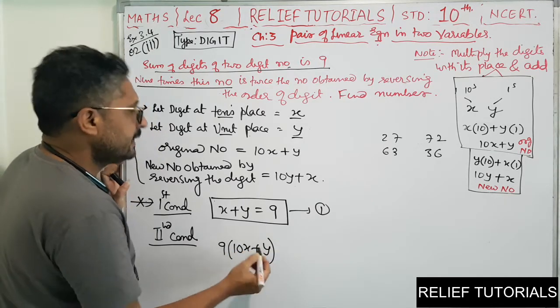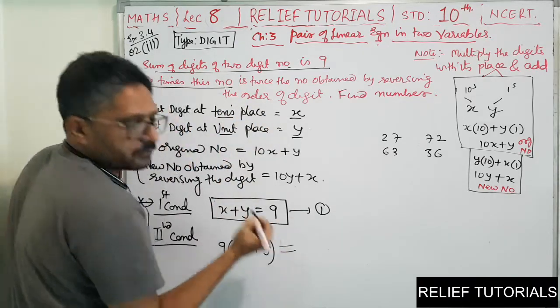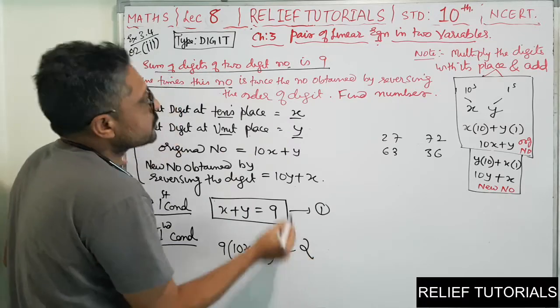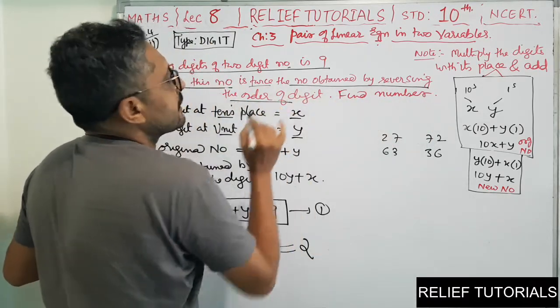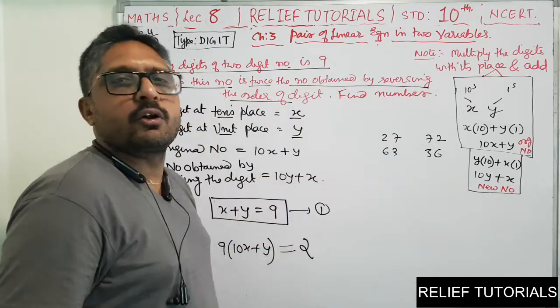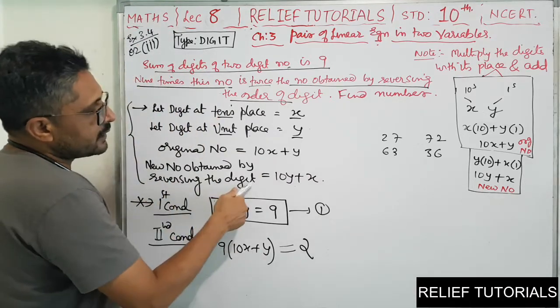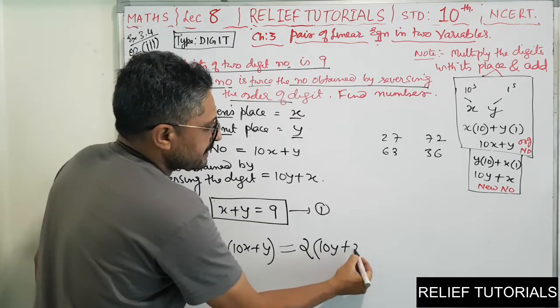So 9 times this number is equal to twice, twice means 2 times, the number obtained by reversing the order. The number obtained by reversing the order of the digits is called the new number. Always remember that. So this number is 2 times 10y plus x.